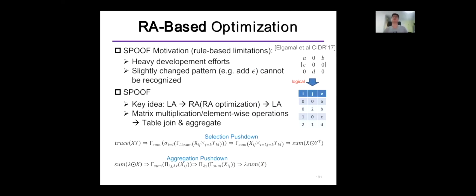So if the machine learning expression changes a little, the pattern cannot be recognized by the rules. So SPOOF is proposed.